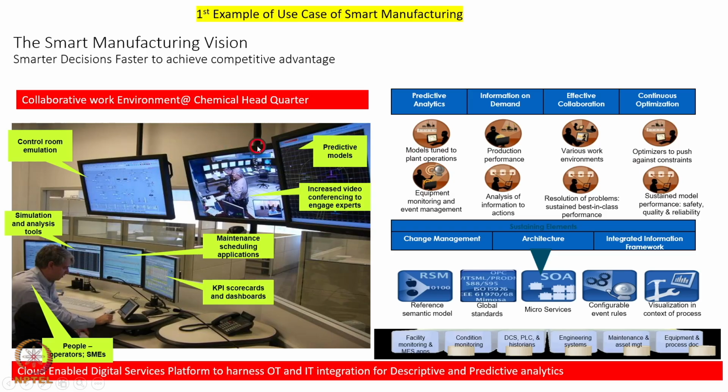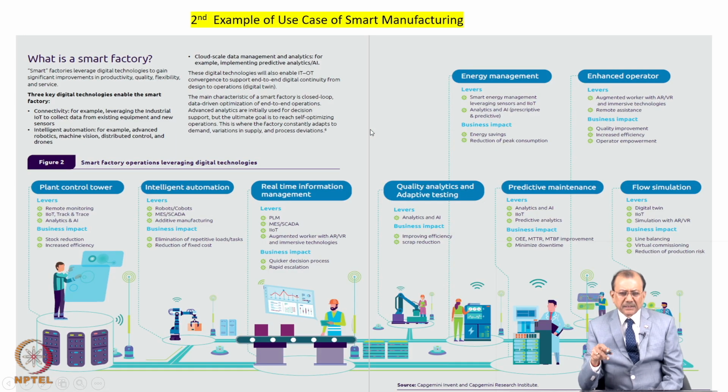Companies who are on the path of smart manufacturing have all this kind of systems in place. Then the next picture is a very elaborate picture which you can see over here. Here again these three principles have been repeated. Three key digital technologies enable the smart factory: connectivity, intelligence and automation, and cloud scale, because data is very important.